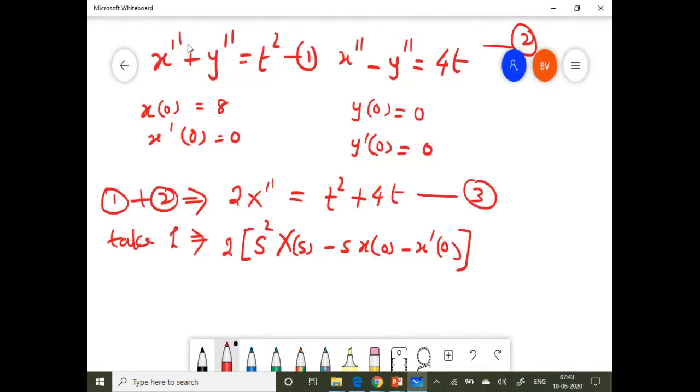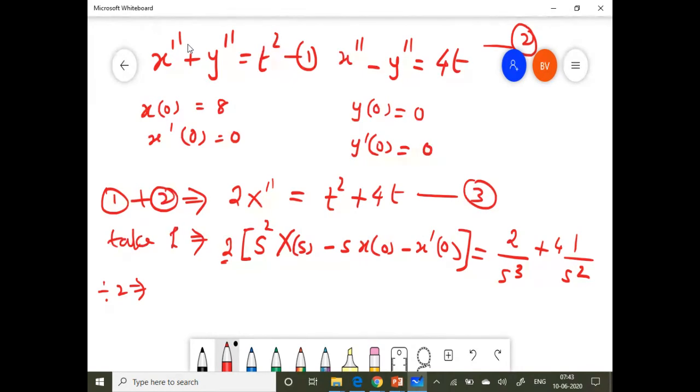And what is Laplace transform of t square? 2 factorial is 2 over s cube. 4t, 4 times 1 over s square. Now divide this entire equation by 2 because there is a 2 here. Divide by 2 will give you, and substitute the values of x of 0.